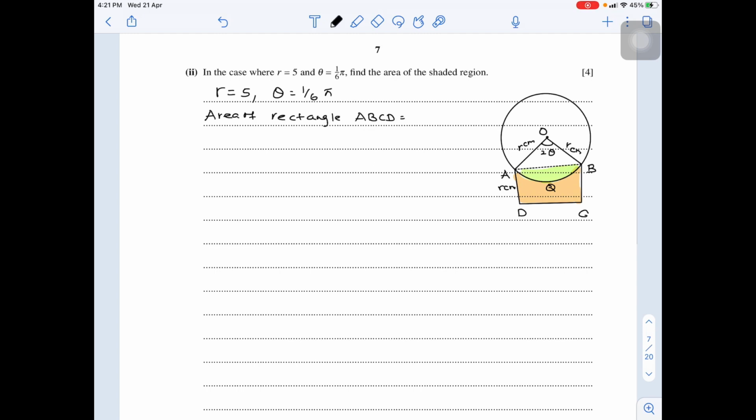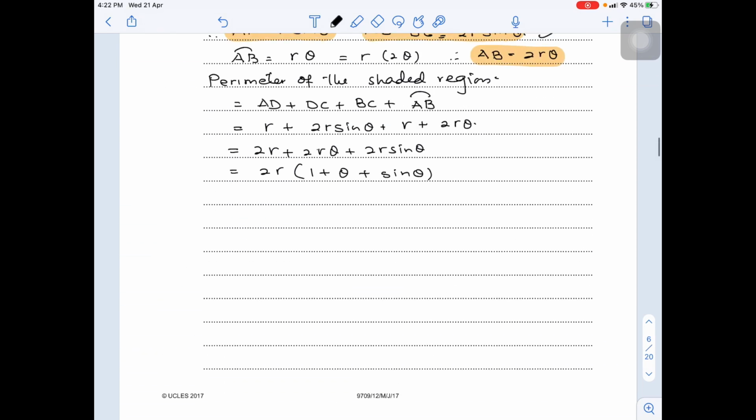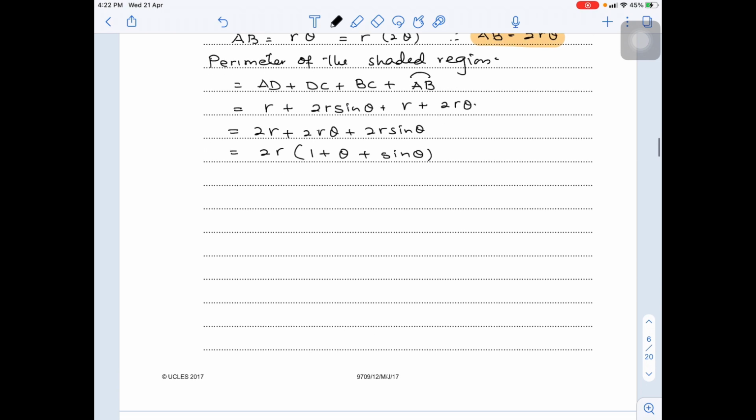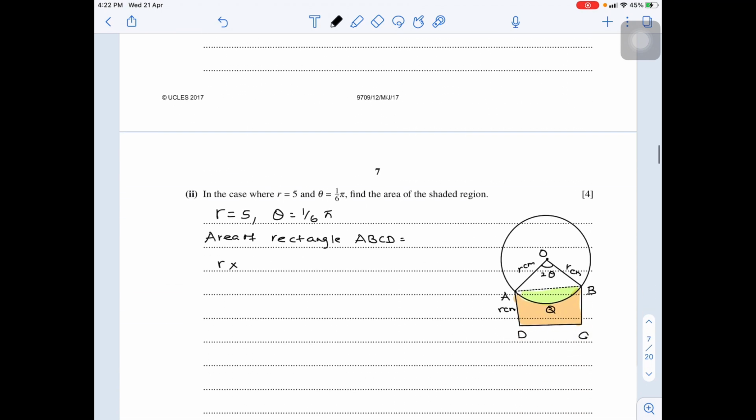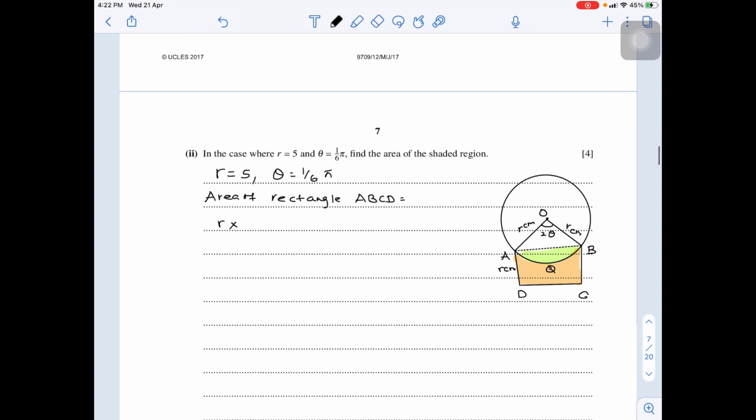Area of the sector minus area of the triangle. So we'll try that. Rectangle ABCD is r times, now from previous part DC was 2r sine theta. So that's 2r squared sine theta.